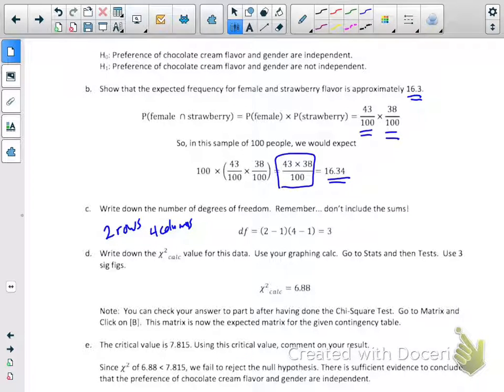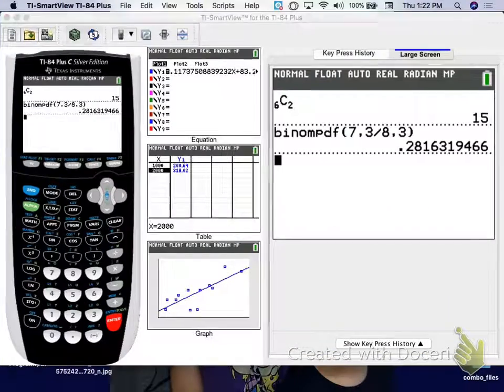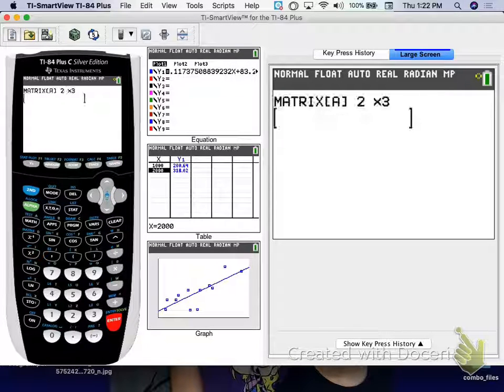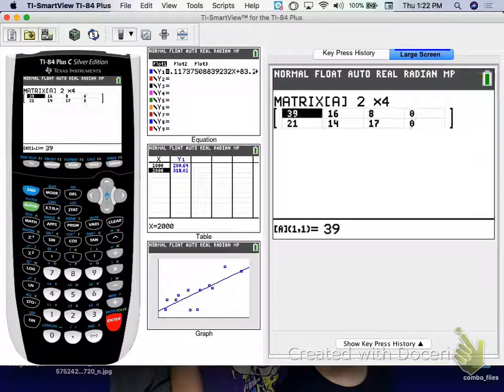So we're going to go to the calculator, and I'm going to go to my matrix. We're going to put in a 2 by 4 matrix. And we're putting in our given values here. So 20, 23, 18, 8, and 8.